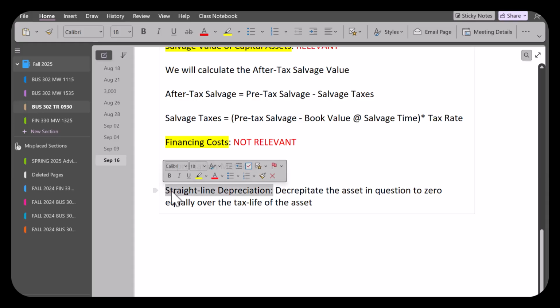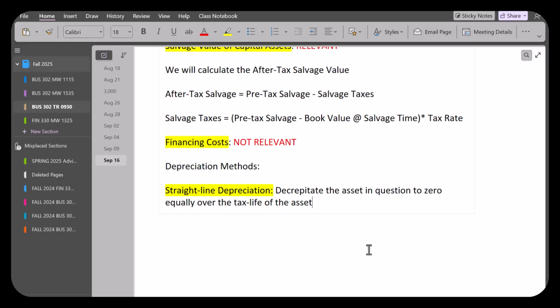Not all assets have the same tax life. For example, let's say you bought a 3-year-old thoroughbred, that actually has a tax life of 3 years. If you bought a yearling, more than likely that has a 5-year tax life in terms of depreciation.